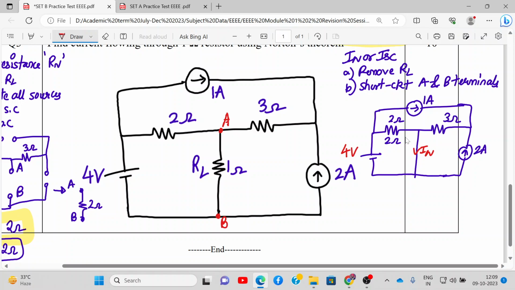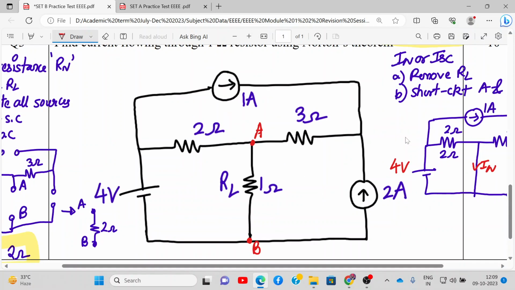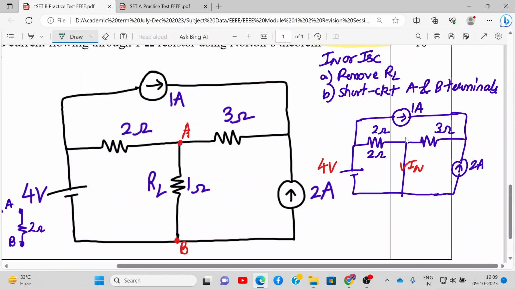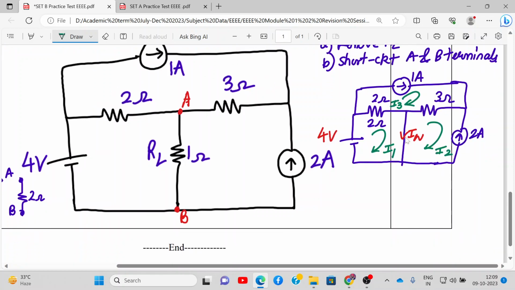Now we can simply apply mesh analysis here and find the answer. We'll define 3 currents because we have 3 loops. Let me define this as I1, this as I2, and this as I3. So we need to apply KVL through I1, I2 and I3.